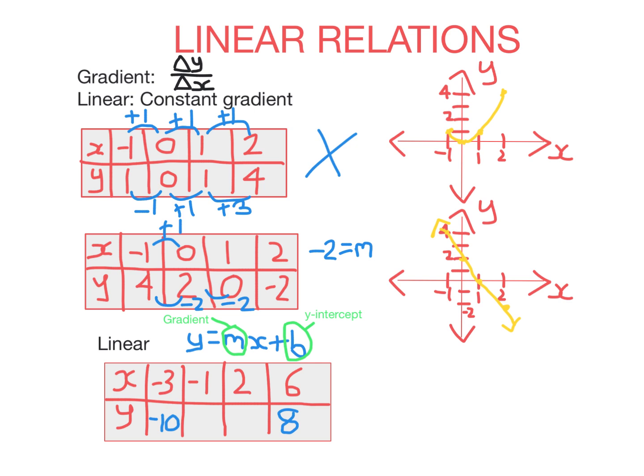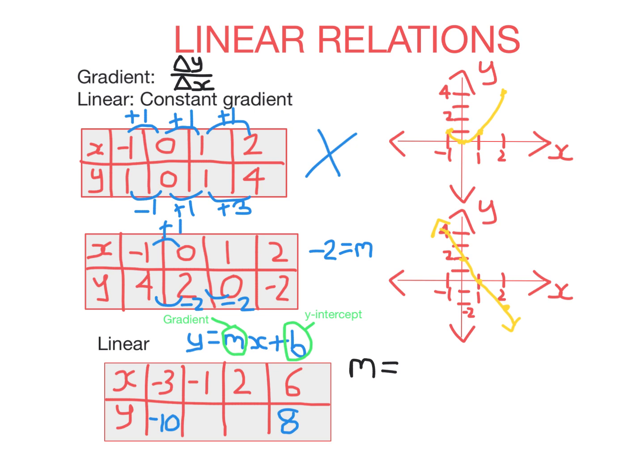For this example here, I'm telling you that the relationship between x and y is linear, and we're going to calculate the values that go in here. What we need to do that is calculate the gradient. So the gradient denoted m is the change in y over change in x. I'm going to use these 2 points because they're the only 2 points I have the full information.